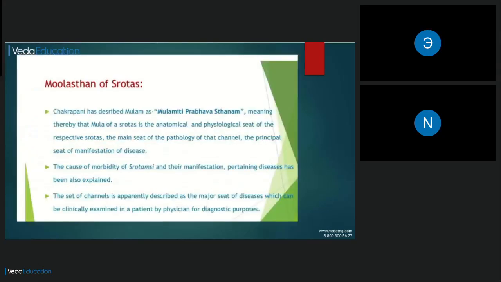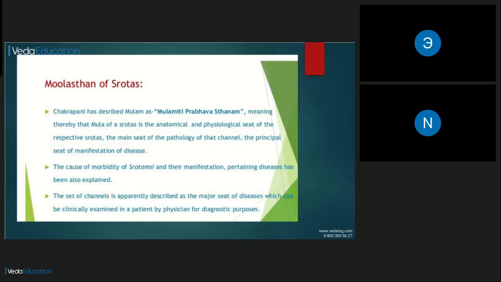Another important thing while discussing Srotas is where it originates. What is the root source of the Srotas? While explaining the origin of the Srotas, it is not necessarily the case that it should have an anatomical connection. It can also be a physiological one, because sometimes you cannot expect an anatomical correlation with that Srotas.